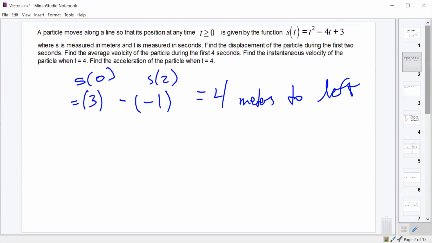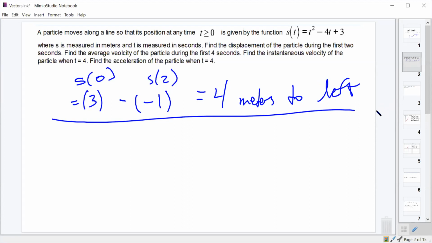All right. So if we want to find the average velocity of the particle during the first 4 seconds, what do we need to do? Average velocity should be a displacement divided by a change in time, or change in position divided by a change in time. So what's our displacement in the first 4 seconds?